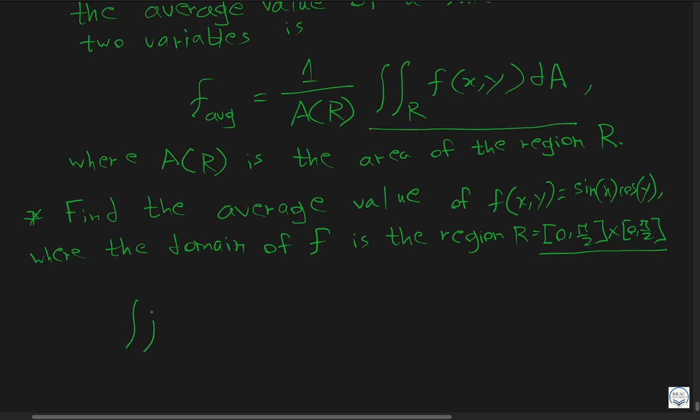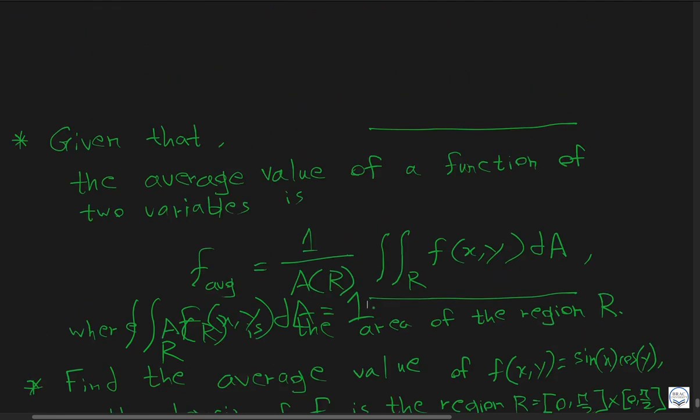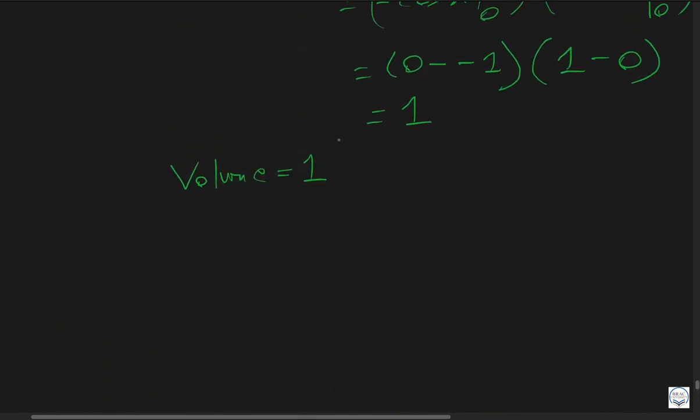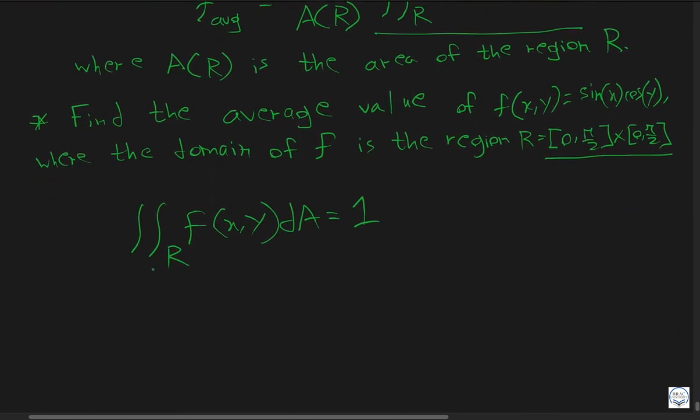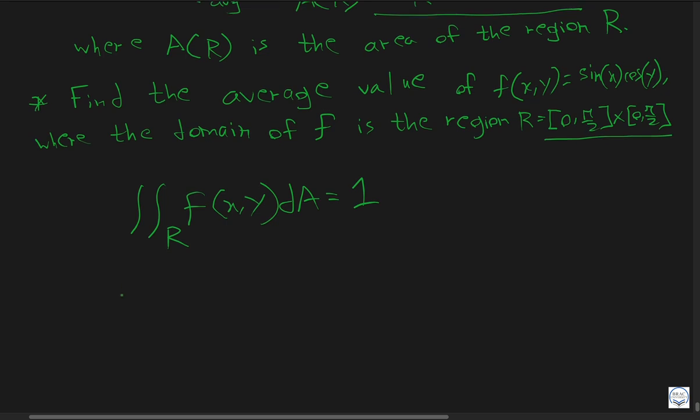So we already know from our previous problem what this is. This is in fact equal to 1. Since this is equal to 1, we just need to find what A of R is, the area of the region.